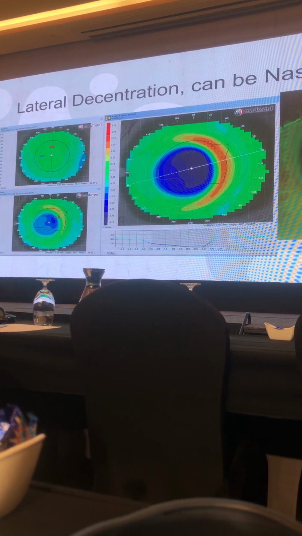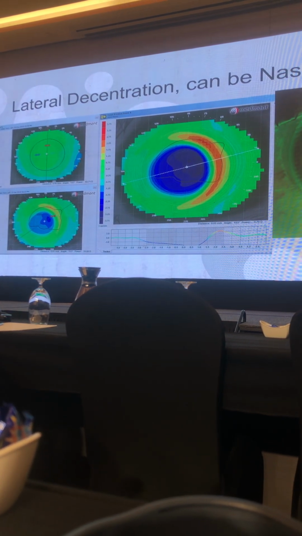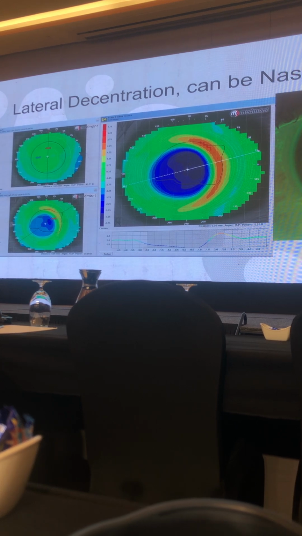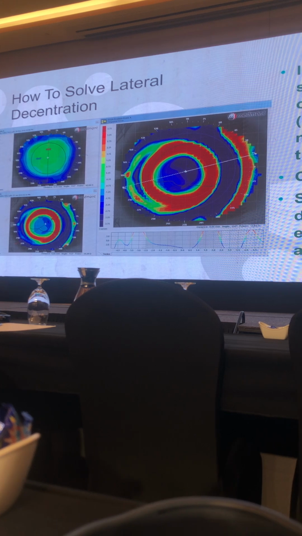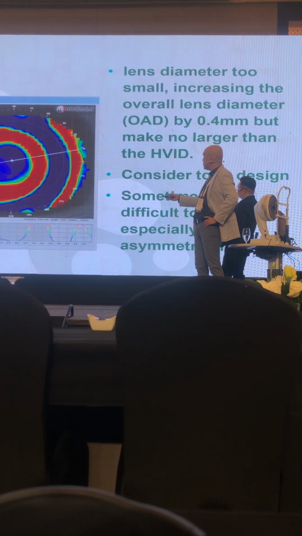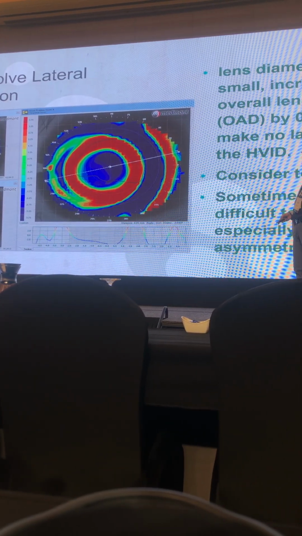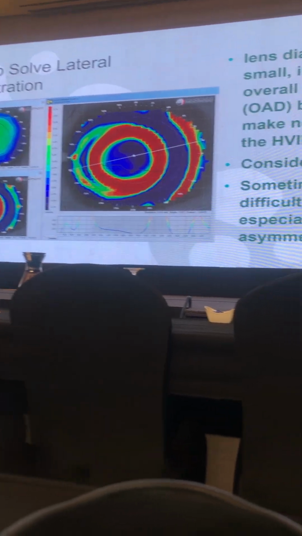Again, you look at the pre and post. Sometimes no matter what you do, even if you solve it according to the textbook, it still sits laterally. This is the tangential pattern. See the donut rings? It moves laterally, either nasal or temporal. Okay, decentration.